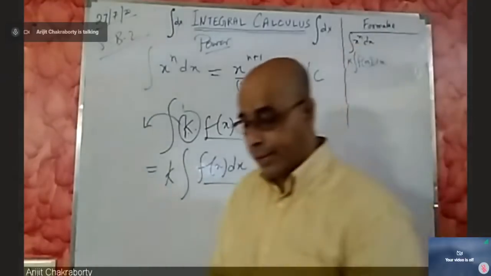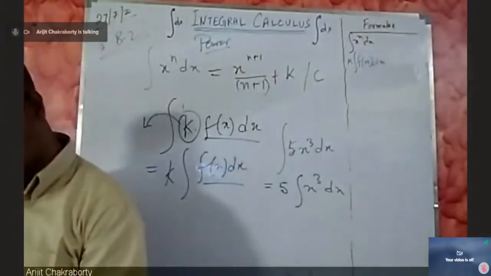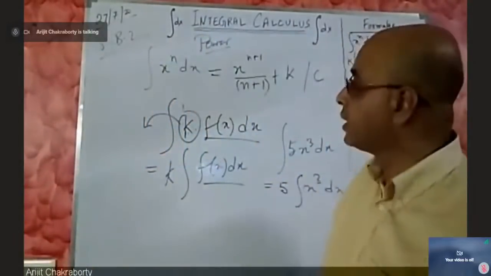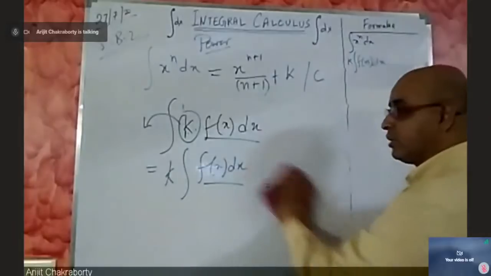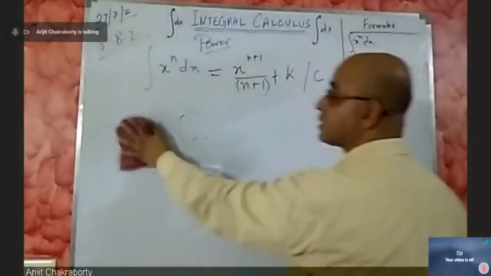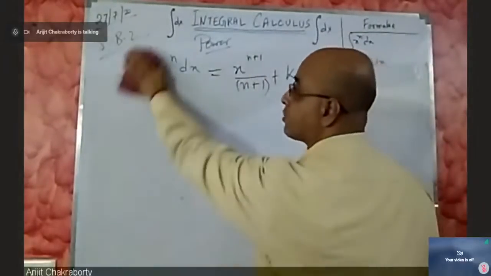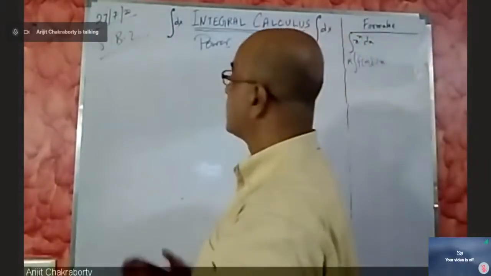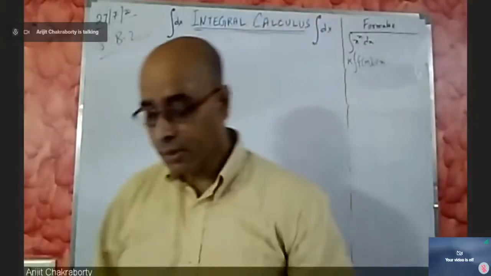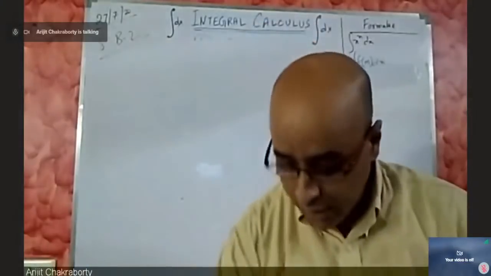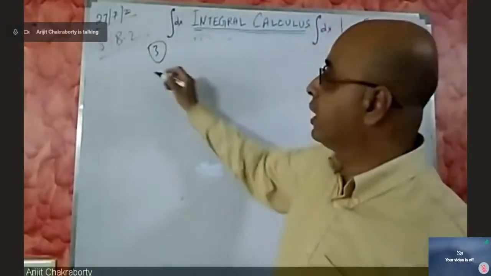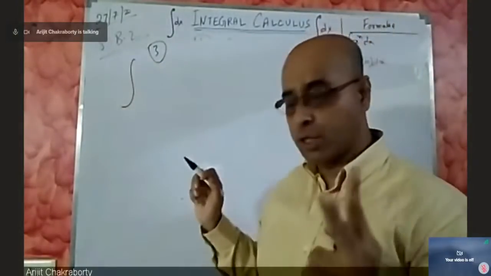Okay. Now we proceed to the third formula, and that is very similar to the one we did in case of differentiation. The same formula, that is addition and subtraction of functions in case of integration. So formula number 3 in front of you, we are integrating two functions.